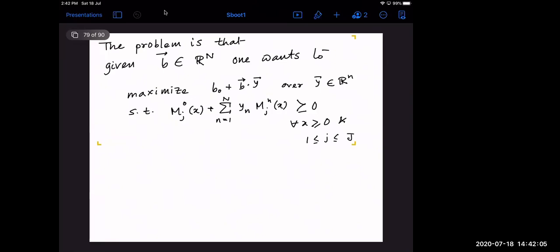So b naught here is some real number, and one wants to maximize that quantity, b naught plus b vector dot y vector. The b vector was given such that this positive semi-definite condition holds. So this is the constraint. Let me highlight the constraint.